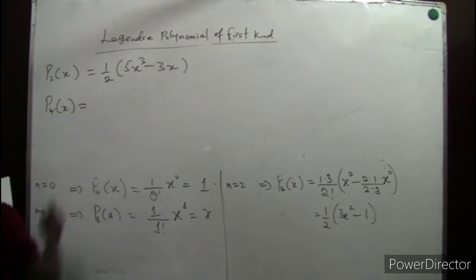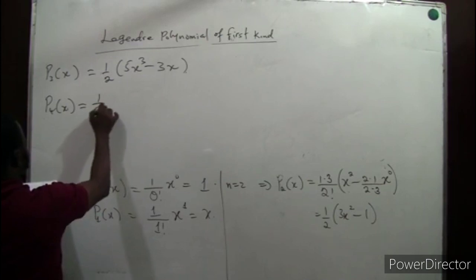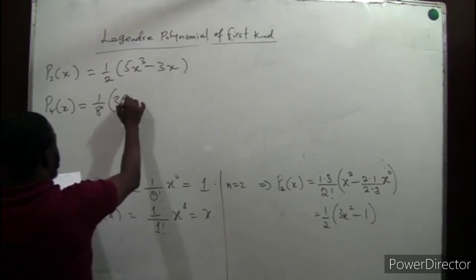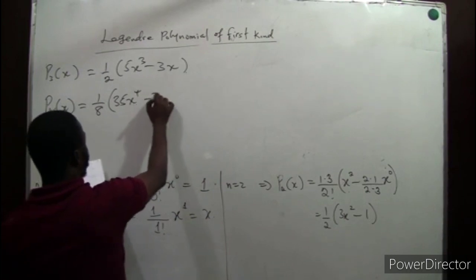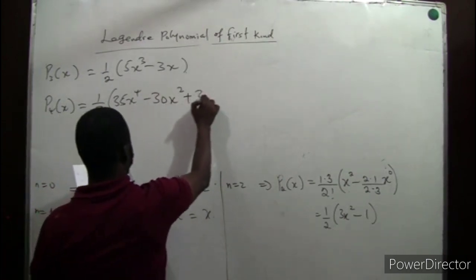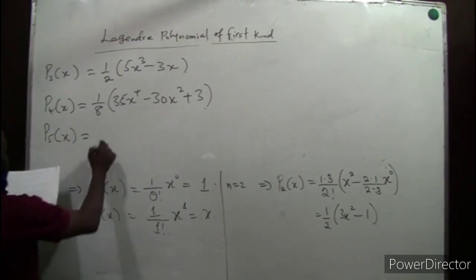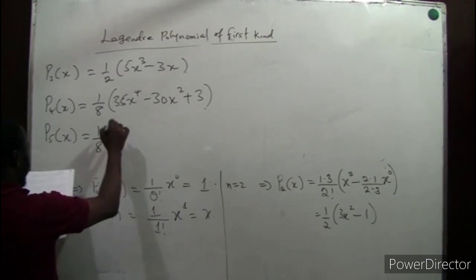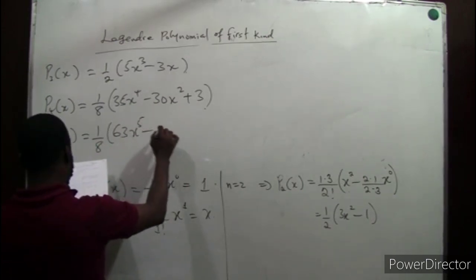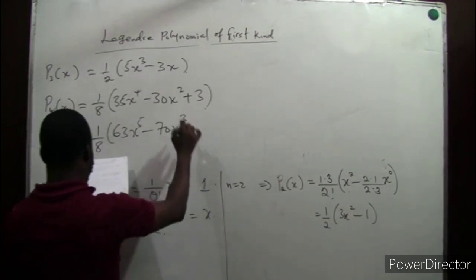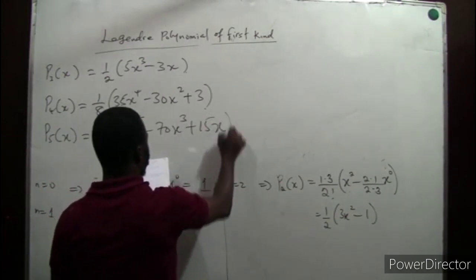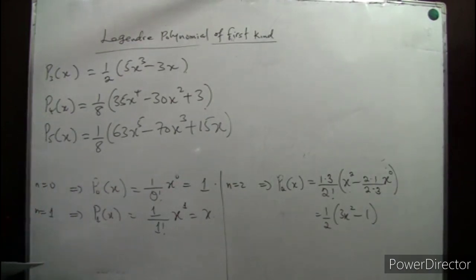P4 of x will give 1 over 8 into 35x raised to power 4 minus 30x squared plus 3. And P5 of x gives 1 over 8, 63x raised to power 5 minus 70x cubed plus 15x. So you can try the remaining ones.